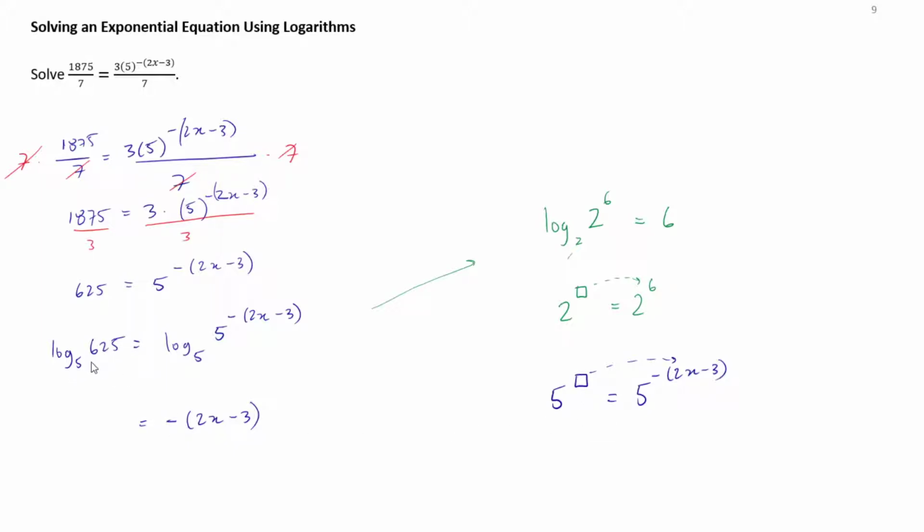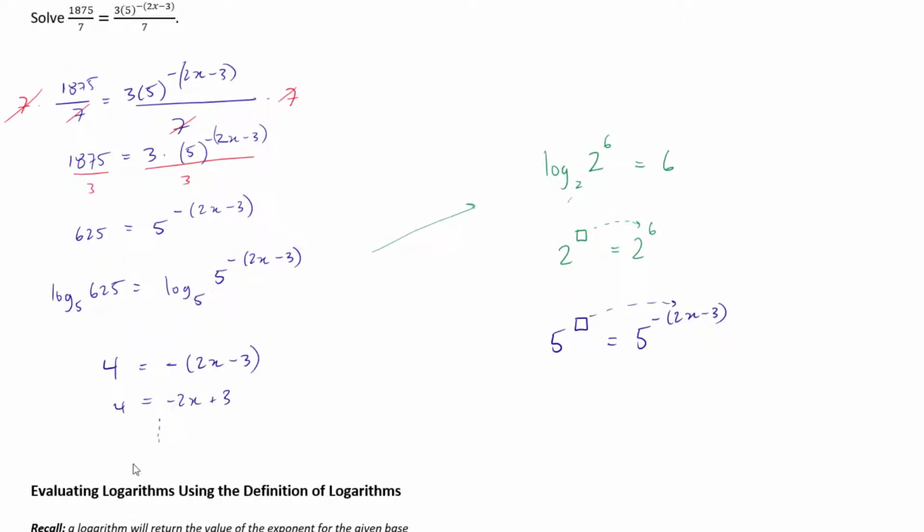Now, if we look over here, 5 to what power gives us 625? Well, that's 4. And so now I can solve regularly by isolating and solving for x. So I'll distribute the negative. And then I can solve, and eventually I get x is equal to negative 1/2.